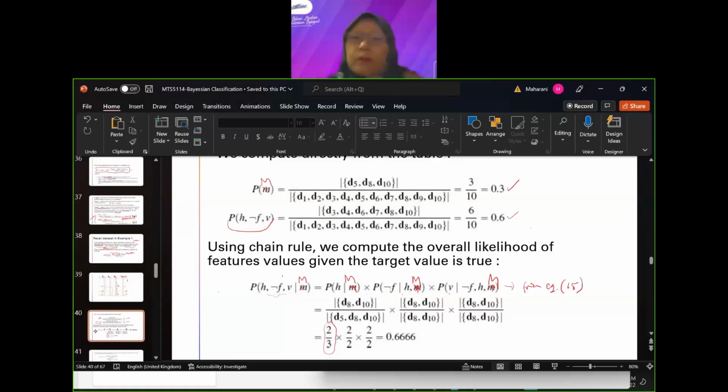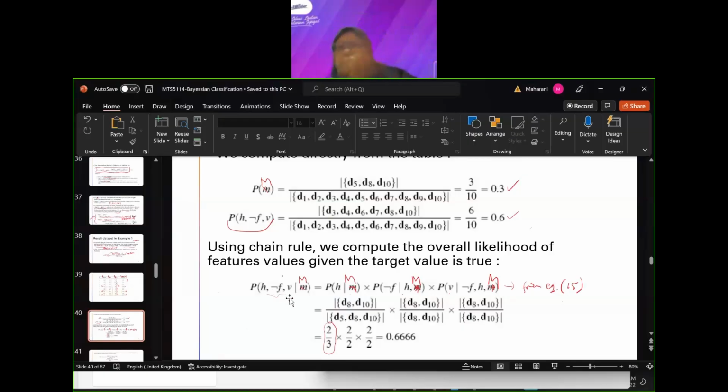So if you have 5, the same thing. The first feature with the condition, multiplied by the second feature given feature 1 with condition M. Then multiplied by the third feature given the first feature, the second feature, and the target.